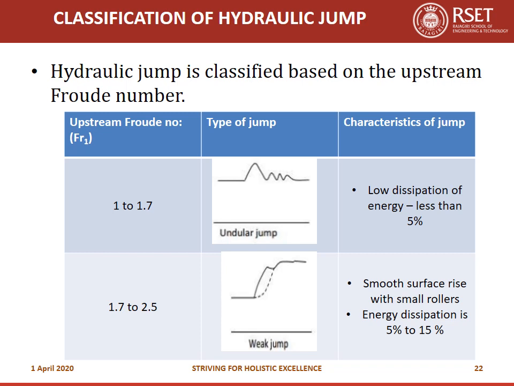The energy dissipation associated with an undular jump is very low. It's less than 5%. That is, out of the total energy, less than 5% energy is dissipated using an undular jump. When the Froude number upstream increases from 1.7 to 2.5, it becomes a weak jump. That is, your smooth surface will rise with small rollers and the energy dissipation is from 5% to 15%.